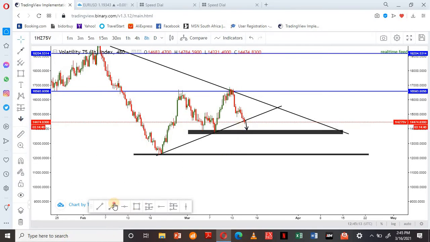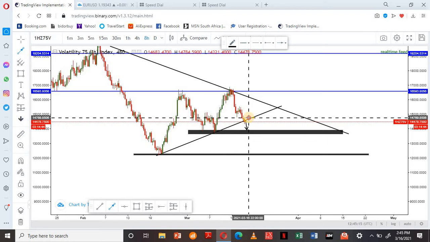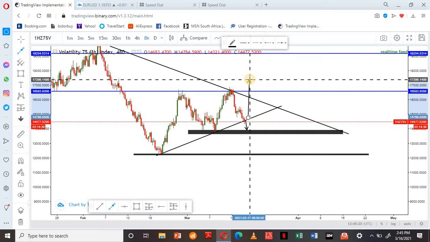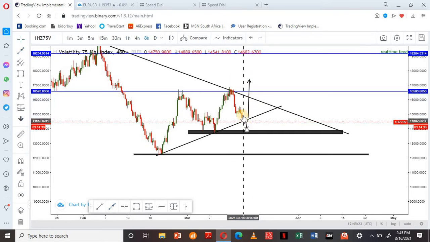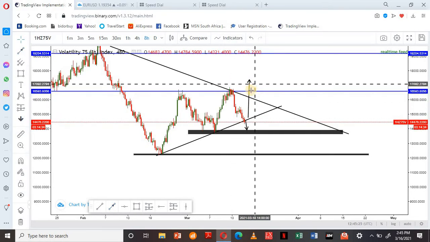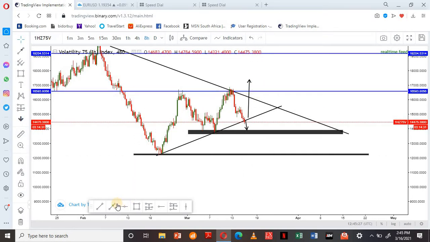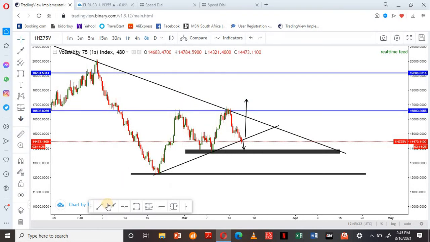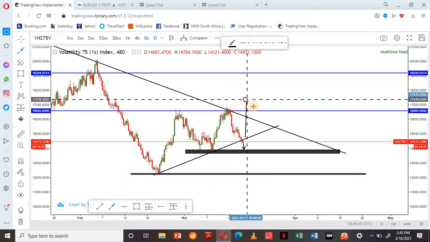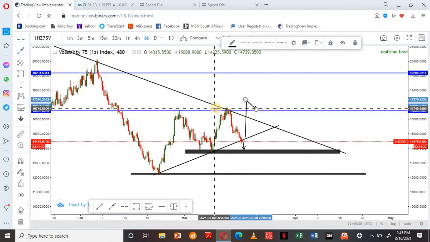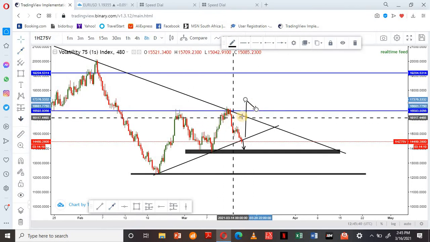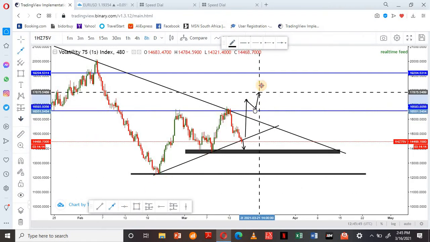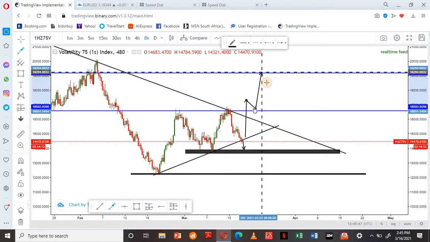The only time you should look for a buy is when price breaks this trend line above here, and after breaking above this major trend line, makes a pullback, turning this level of resistance into support, letting us know that it's shooting for the stars. That's the only time you should look for a buy.